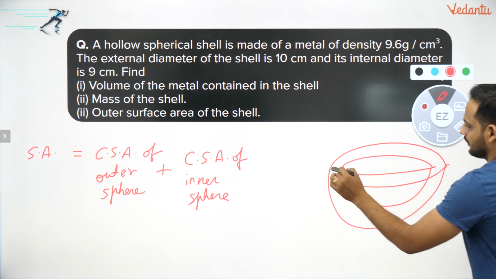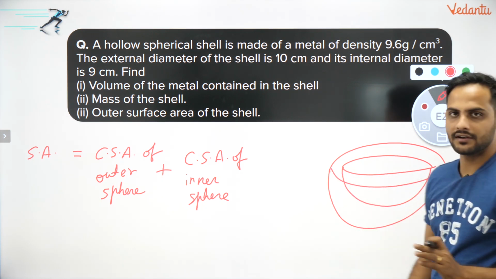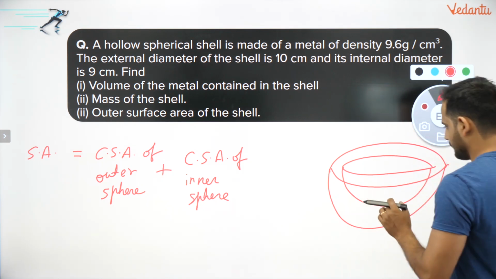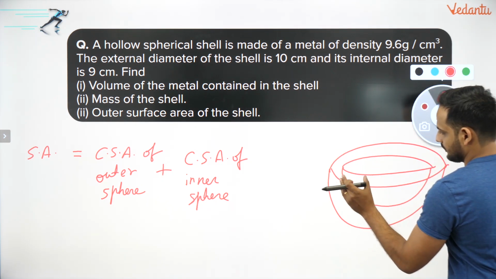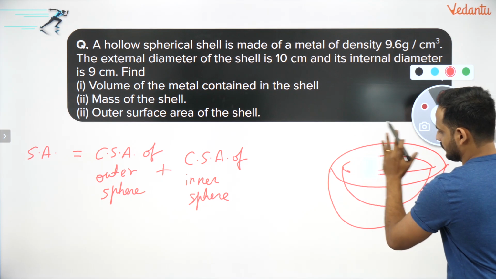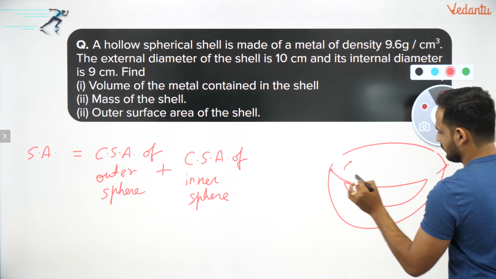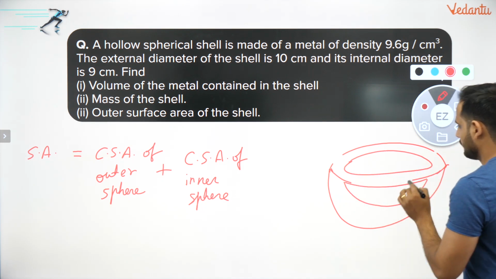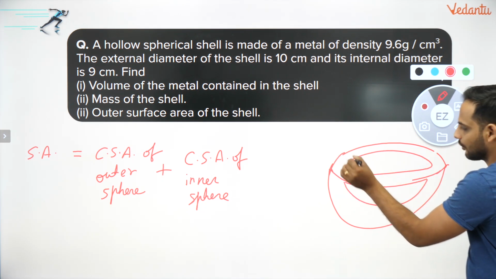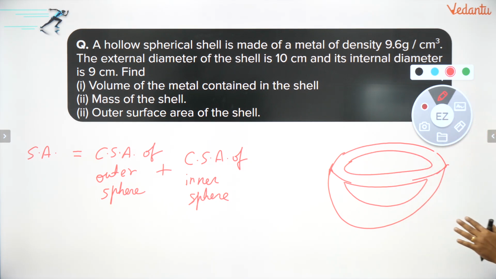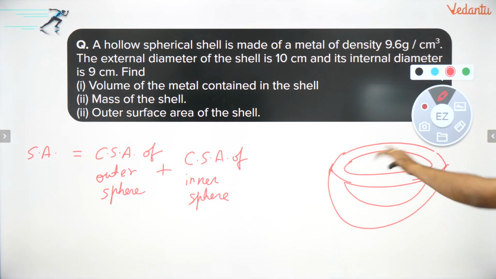So outer and inner parts, their CSA we have got. That is 2πr² plus 2πr².